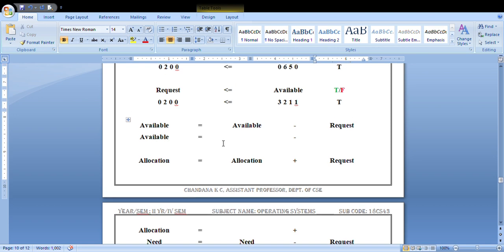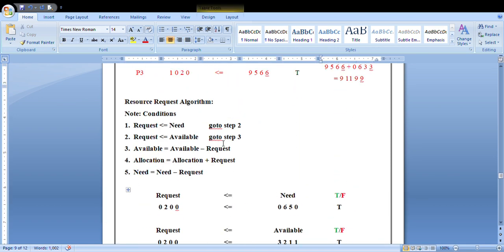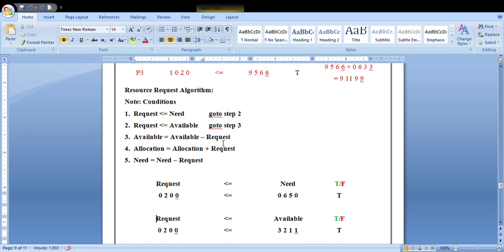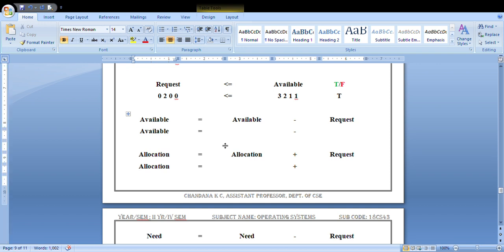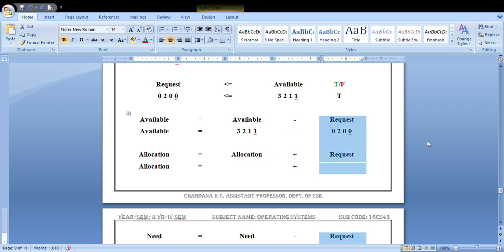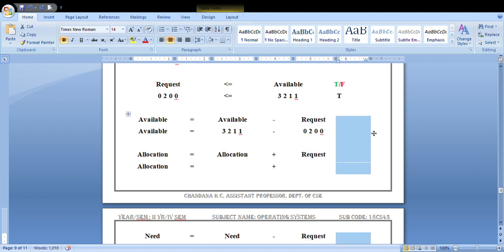In step 3, you take the previously available value of the P1 process, which is 3 2 1 1, minus the requested value, 0 2 0 0.